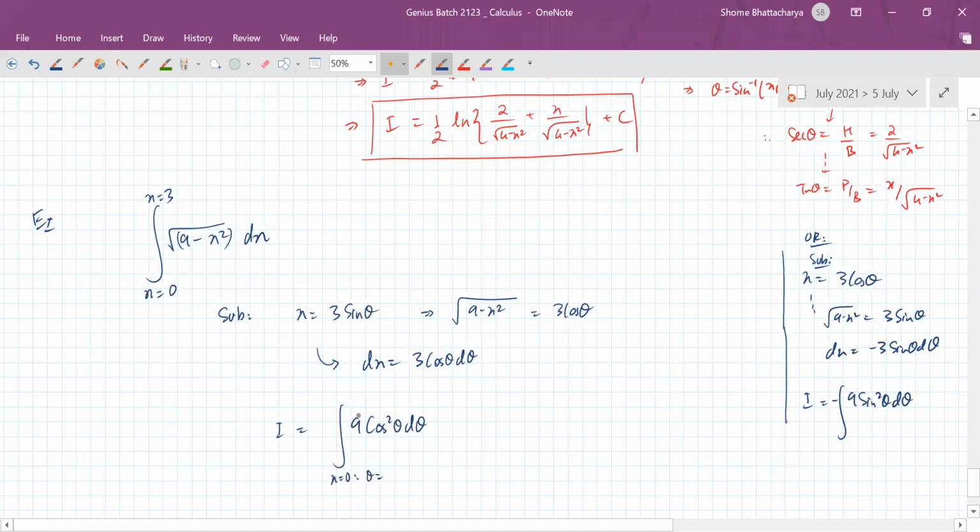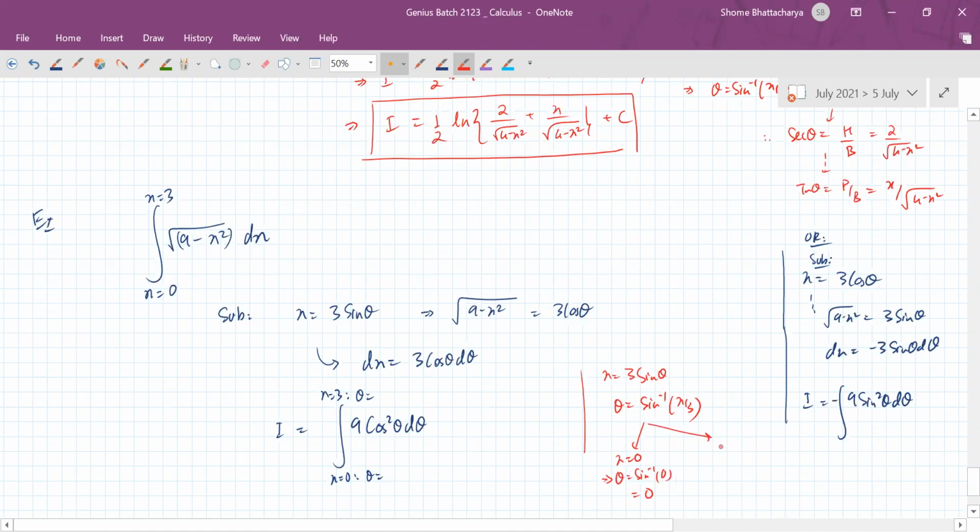So x equal to 0 involves theta equal to how much? And x equal to 3 involves theta equal to how much? So let's understand that. We have x equal to 3 sine theta, so theta is sine inverse x by 3. From this we can see x equal to 0 involves theta equal to sine inverse 0, that is 0.